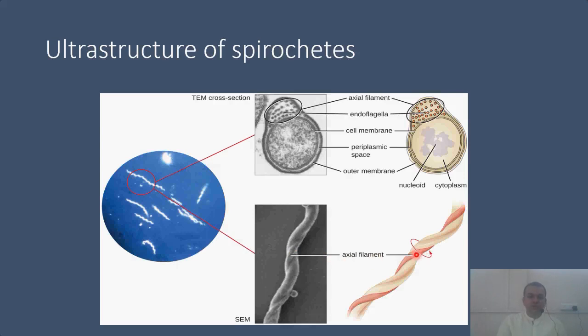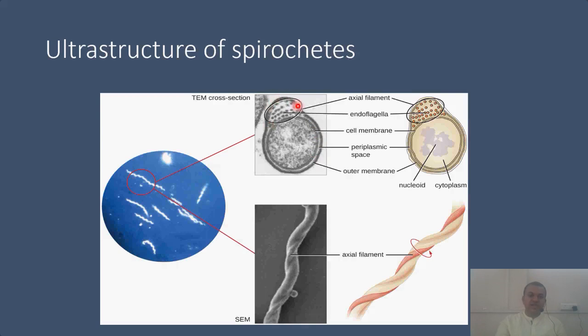What is the role of this axial filament? It's a locomotive organ. If you take the cross section from this area, you can see there is an outer membrane, an inner cell membrane, and in between them the periplasmic space.